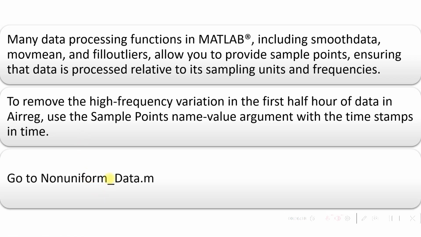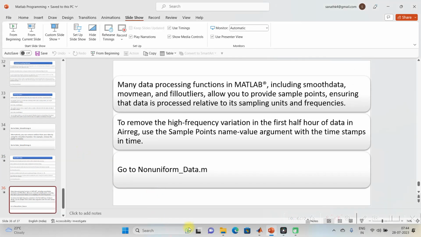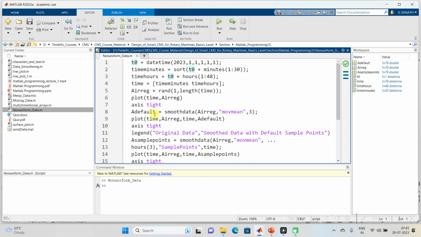That is what I have already shown you. Here you can see the first half hour, and this is the default smooth data. For the first half hour we are using the movmean technique and sampling.